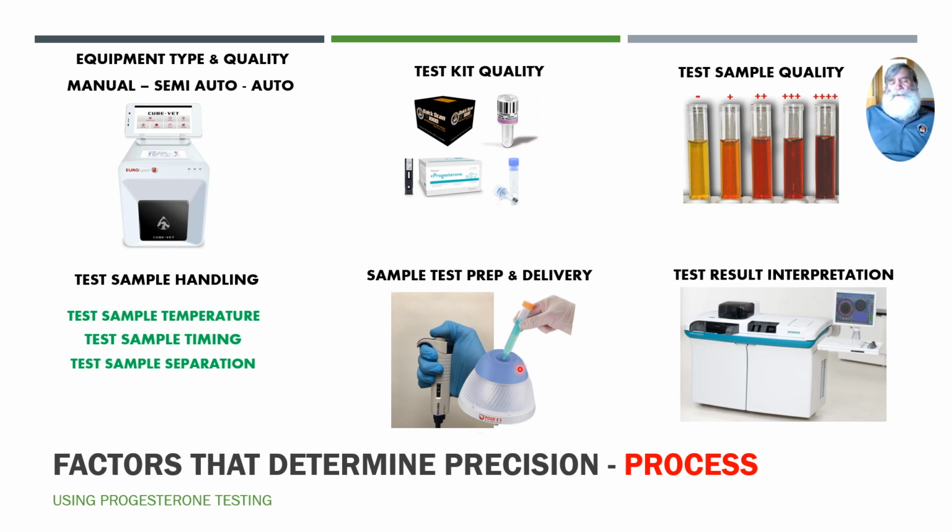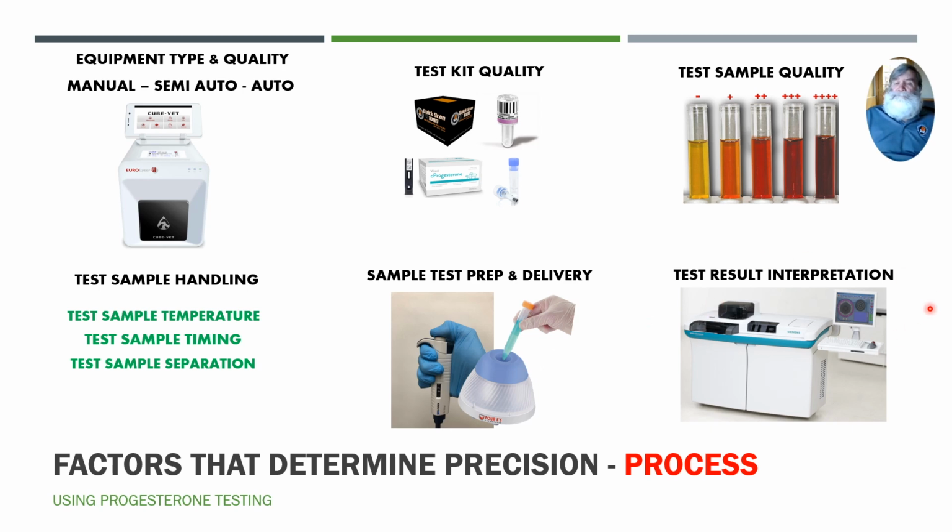This is a vortexer, which allows you to mechanically mix it. Most of these instruments have a buffer that you mix the serum into. If you don't mix that completely, from top to bottom, you're going to get very bad precision numbers, because in different places in that tube, there's going to be different concentrations.